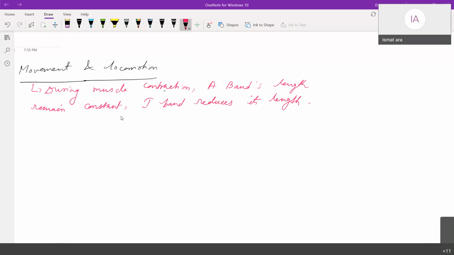Now, muscle contraction. What type of process is this? Active or passive? Active process, because it requires ATP. Now, muscle relaxation.